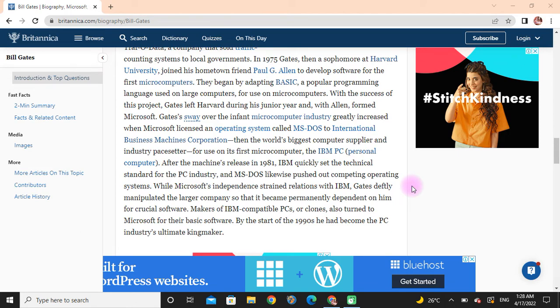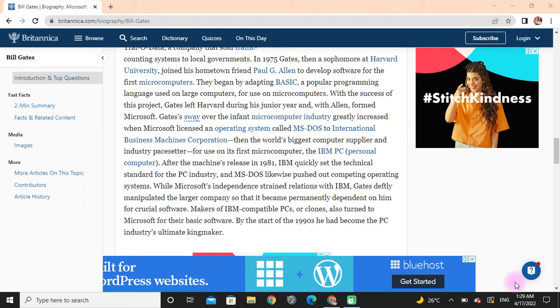After the machine's release in 1981, it quickly set the technical standards for the PC industry, and MS-DOS likewise became the leading operating system, while Microsoft kept an independent relationship with IBM.